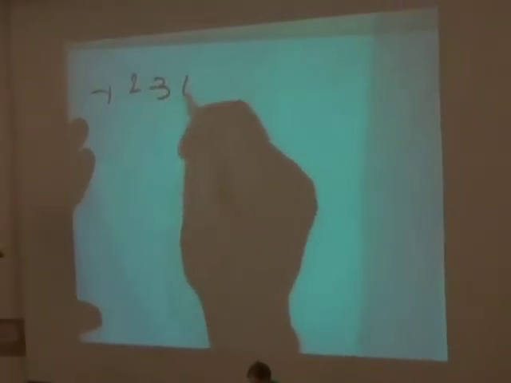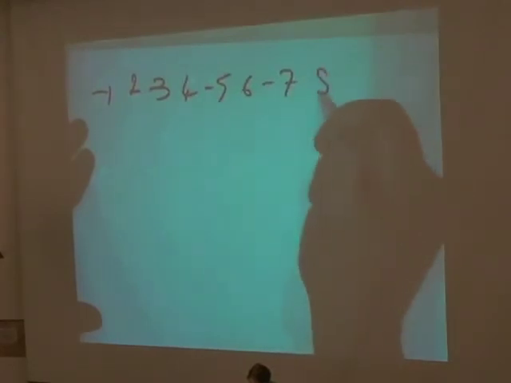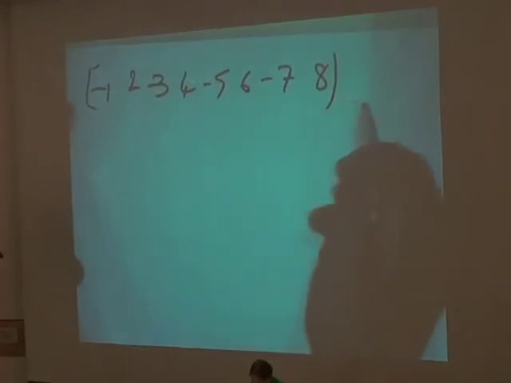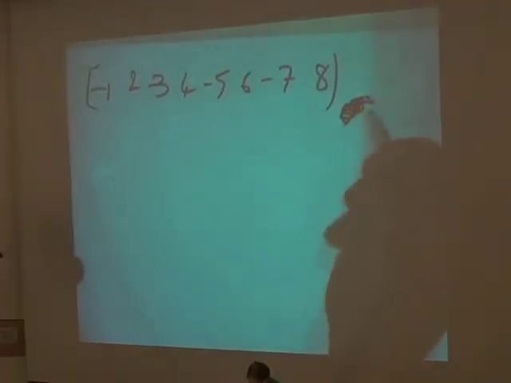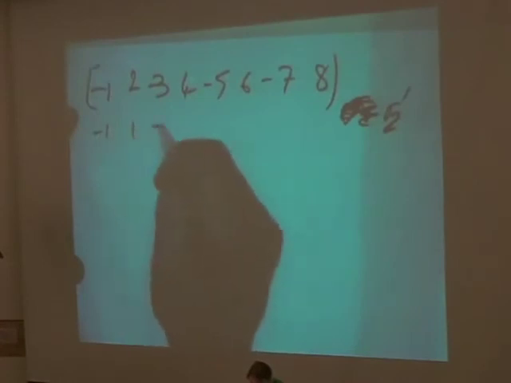I mean, let's do it for one of these forms. Minus 1, 2, 3, minus 3, 4, minus 5, 6, minus 7, 8. Okay, so what I've got to do, it's easier if I discuss epsilon 2 dashed, or sigma 2 dashed. Sigma 2 dashed, I take the odd parts.